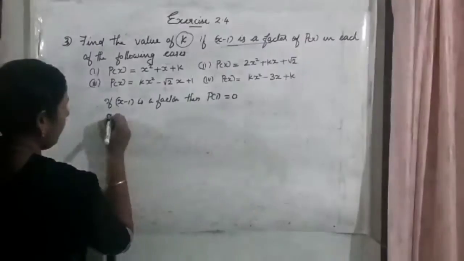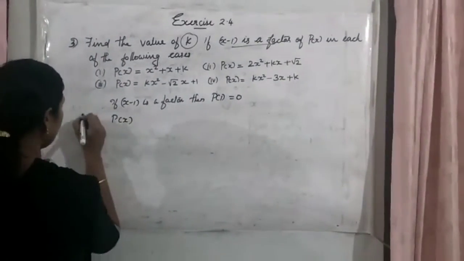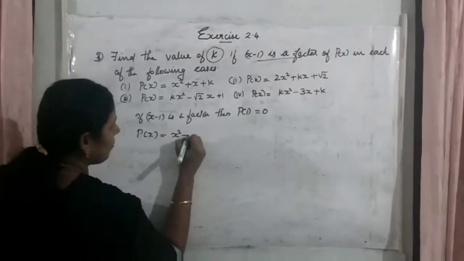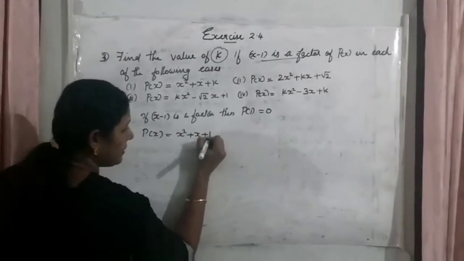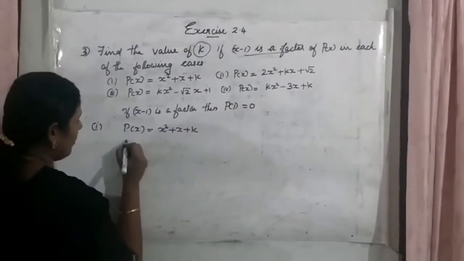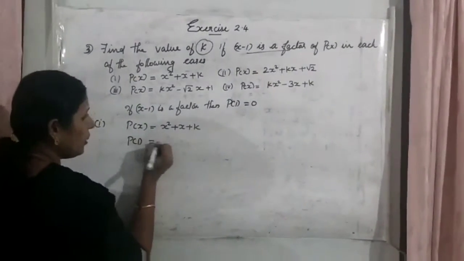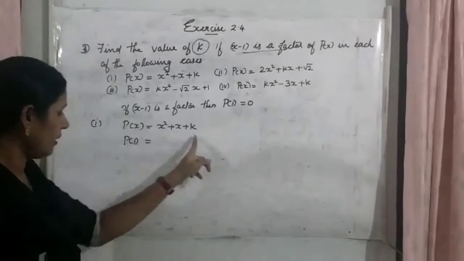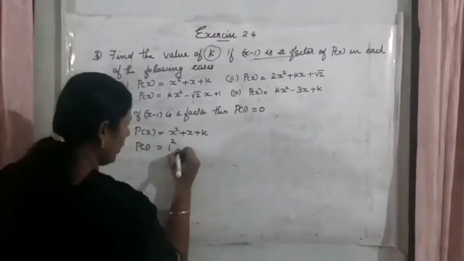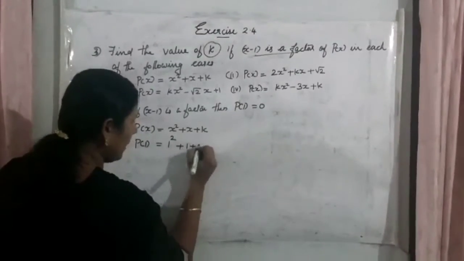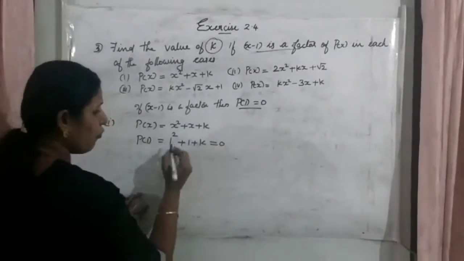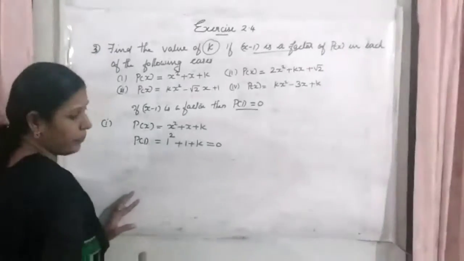Here the polynomial, the first question, is P of x equals x square plus x plus k. We put P of 1 equal to 0. Instead of x, we put 1. That is 1 square plus 1 plus k equals 0.